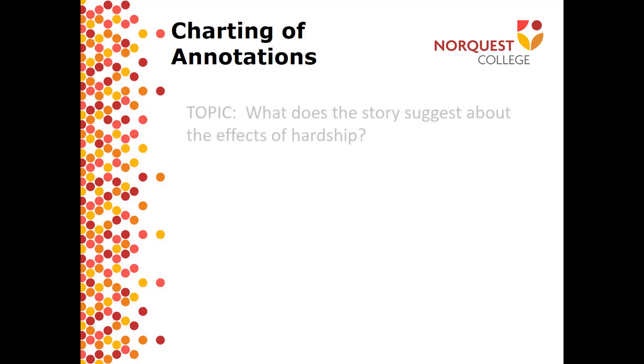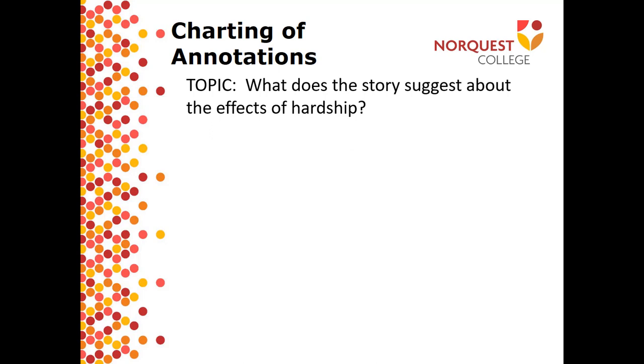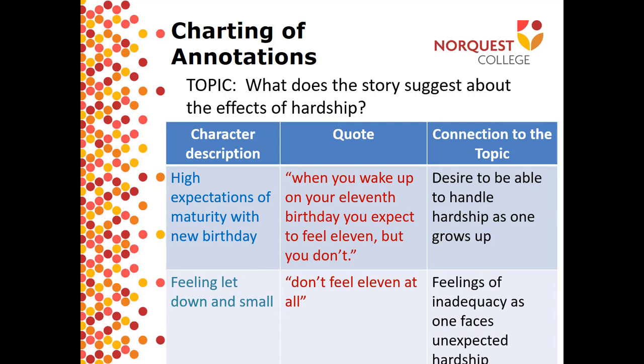So here's an example of a topic that could be given. What does the story suggest about the effects of hardship? And I've just given the first couple of quotes that we went through and the annotations, the description that we gave, and then how we would connect this to the topic. Her character description was that she had high expectations of being mature with her new birthday. The connection to the topic is a desire to be able to handle hardship as one grows up.